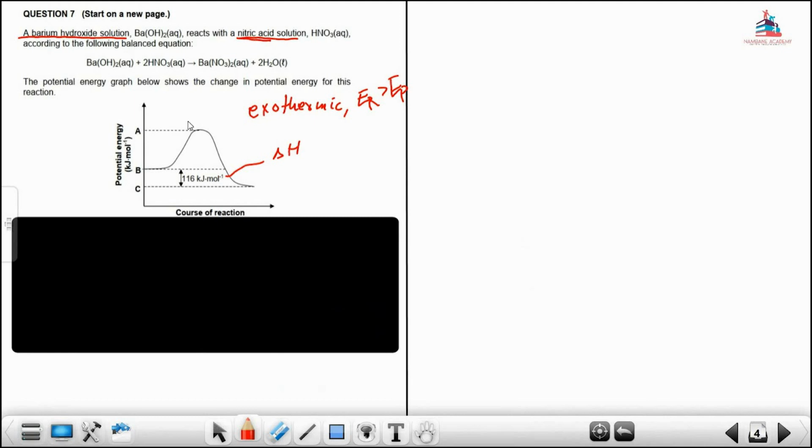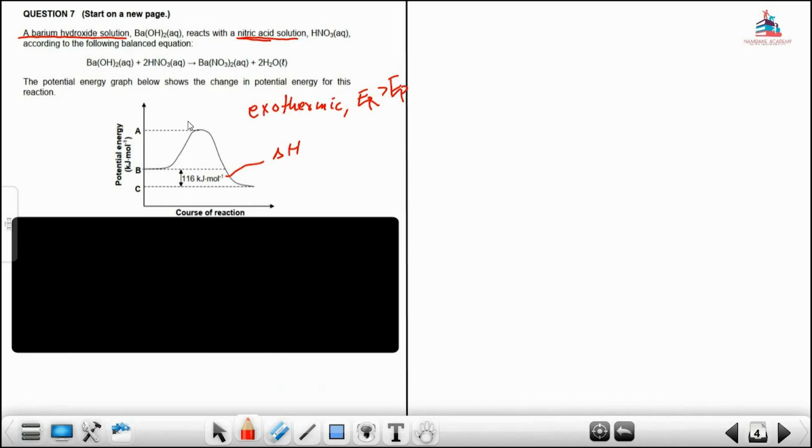So I have a question. On the equation, it's A plus B, but there is no energy on the equation or after the reaction. Because they've given you the graph. So why give you delta H at the top and give you a graph?